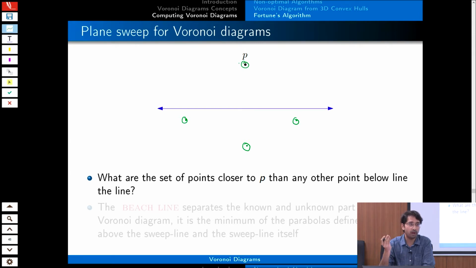What is the locus of a point which is equidistant from a line and a point? If it is not clear, go back home, just do some algebra, it will be clear.